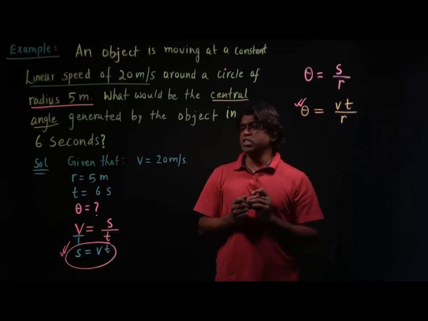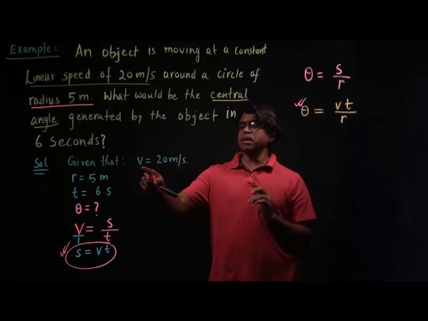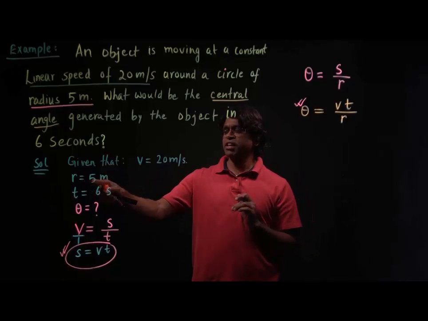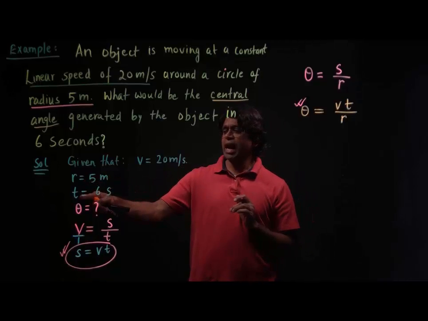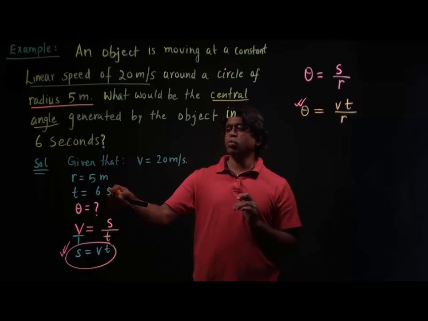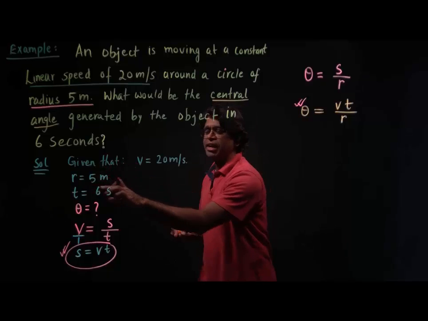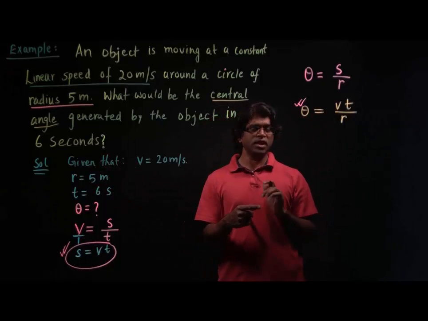If you look at the question, the linear speed is given as 20 meters per second, radius is given as 5 meters, and time is given as 6 seconds. So we can substitute the values of v, r, and t in this equation.